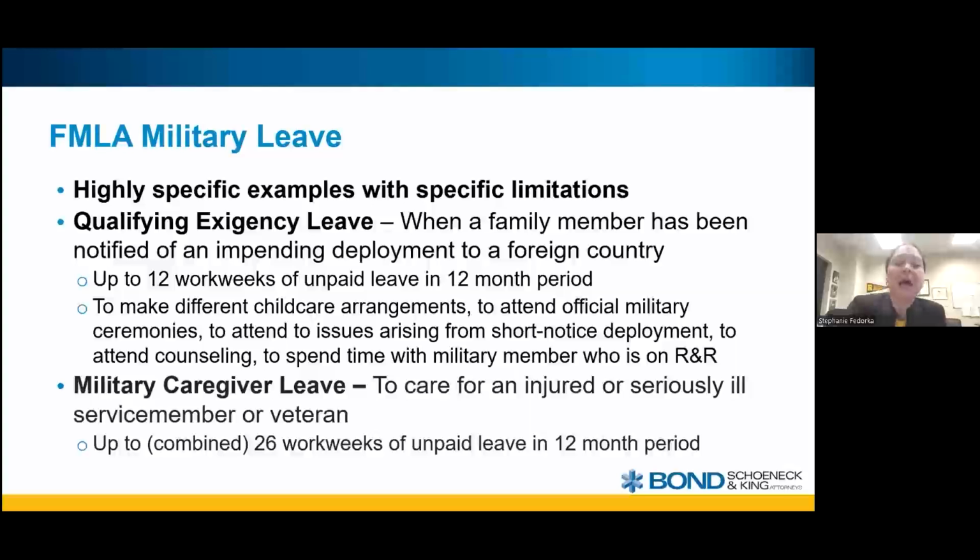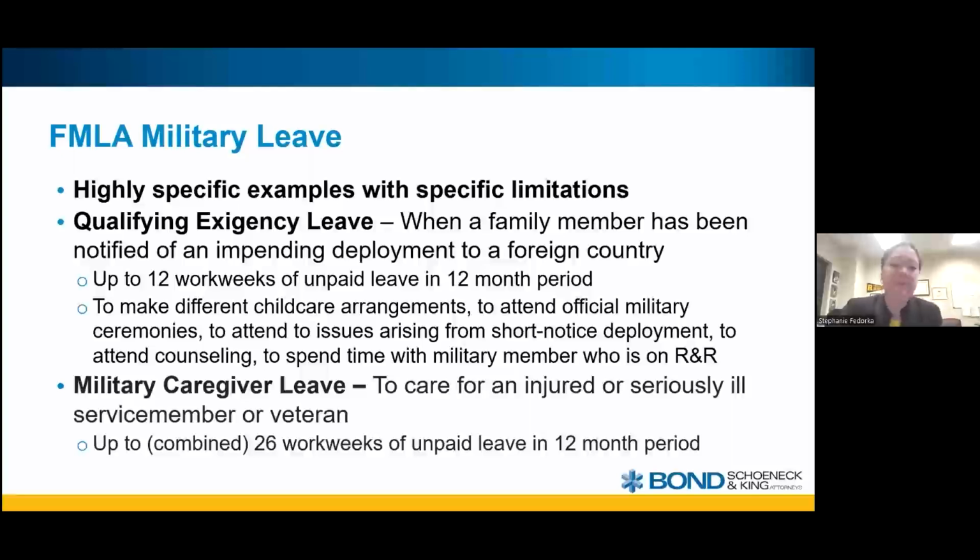Military leave, there are highly specific examples, but it also breaks down into two subcategories. There's qualifying exigency leave. That's when a family member has been notified of an impending deployment to a foreign country. It's up to 12 weeks of unpaid leave in that 12-month period for various purposes related to that pending deployment, such as making different childcare arrangements, attending official military ceremonies, et cetera.